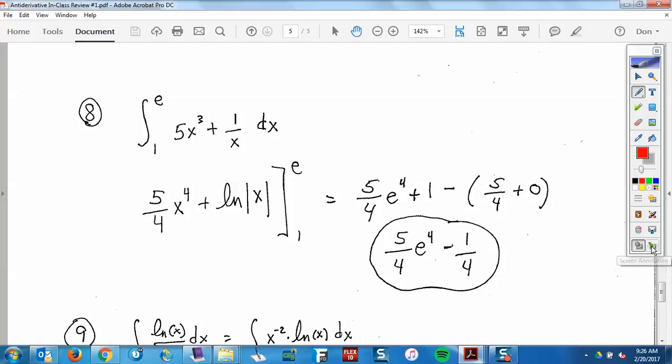Because I get people doing that, especially when it's just like E's and stuff, it almost feels like X's. Yes, on the gateway test, if you forget plus C's, I'm probably going to remind you. Hey, don't forget to do a plus C, don't forget plus C. On a definite integral, you should never have a plus C, right? Definite integral, the answer is a number. There is no plus C at the end of it.